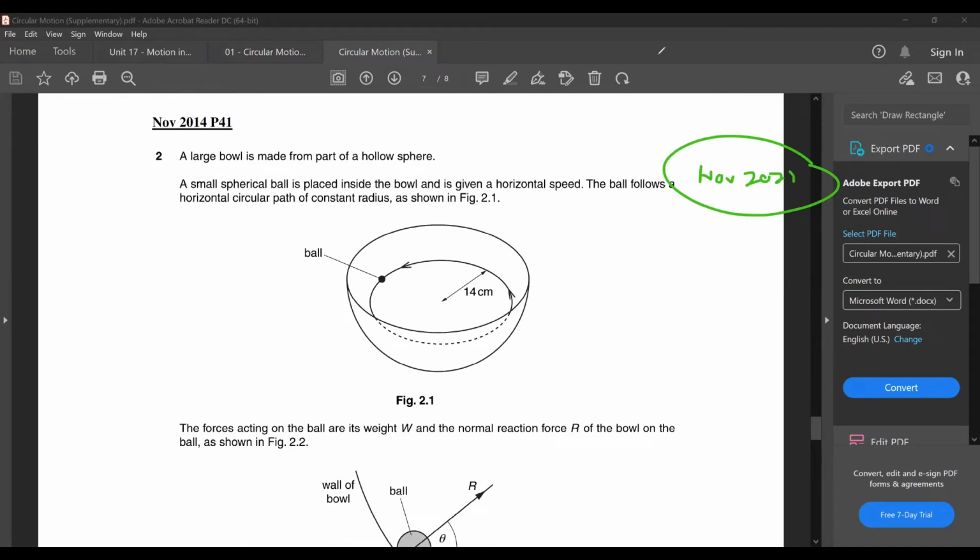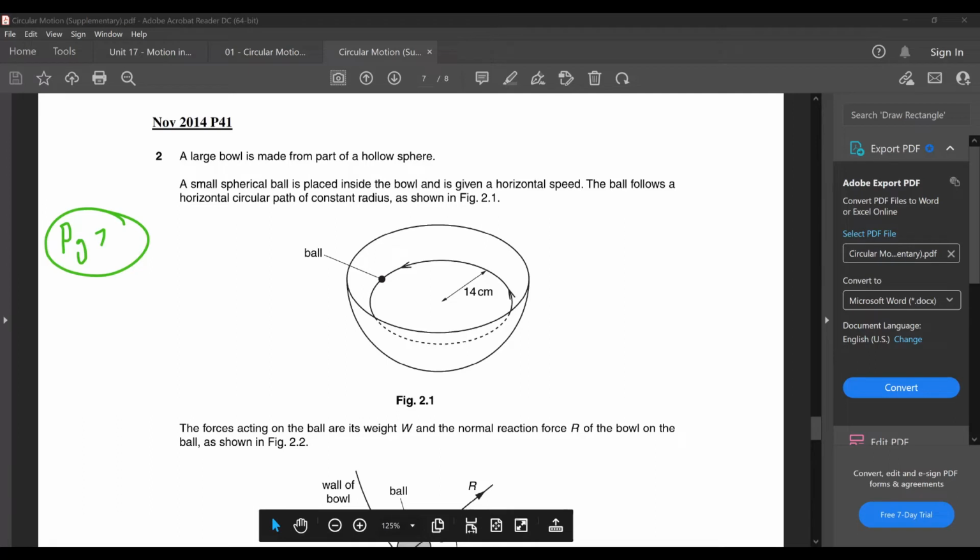But it's not included inside here. This one we will discuss at some point once I go through motion in vertical circle. All right. Now, for now, I just need you guys to look at page 7 of the supplementary questions. This is November 14 P41. So we'll discuss this one since this one has some relation to what we just did.